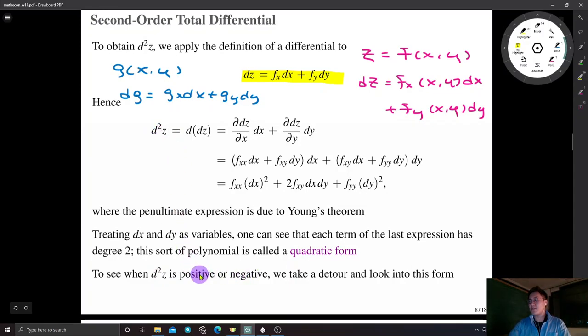When this is positive, we know the function attains a local min. When negative, the function attains a local max. So the remaining question is when this second differential is positive or negative.